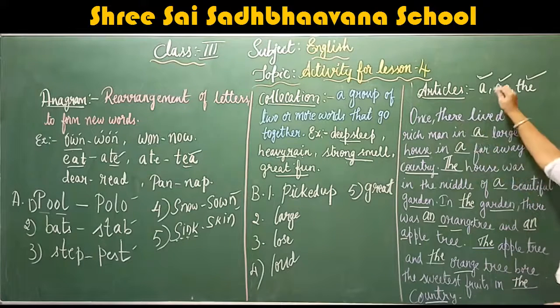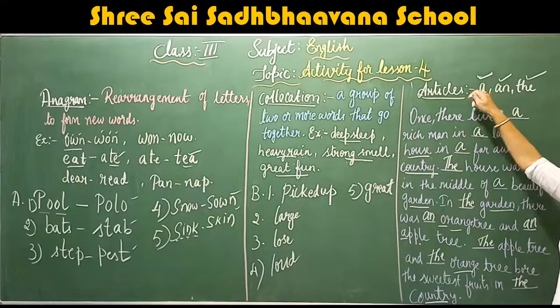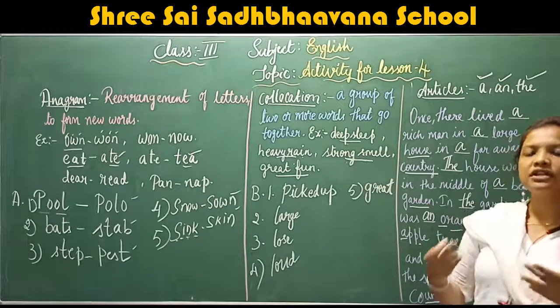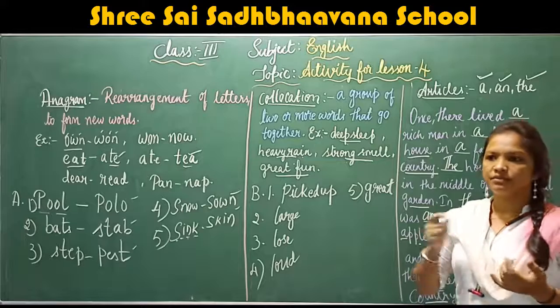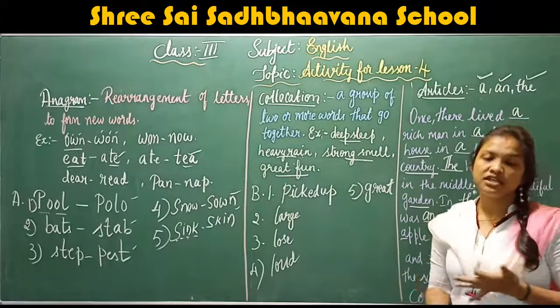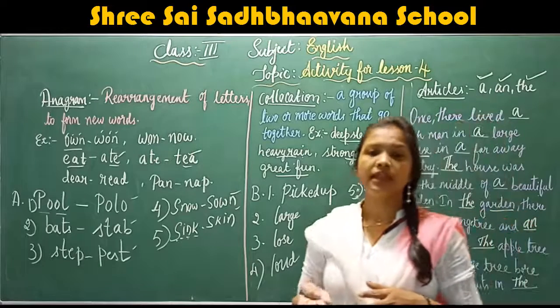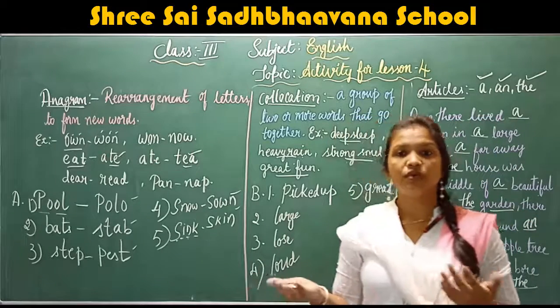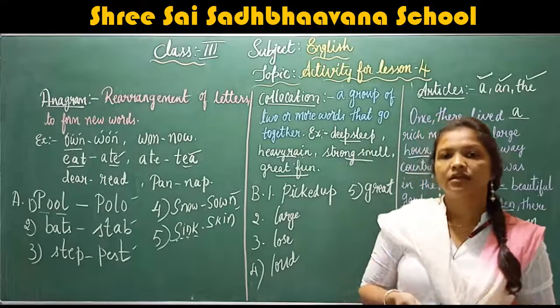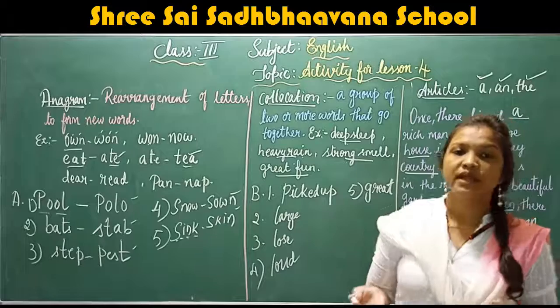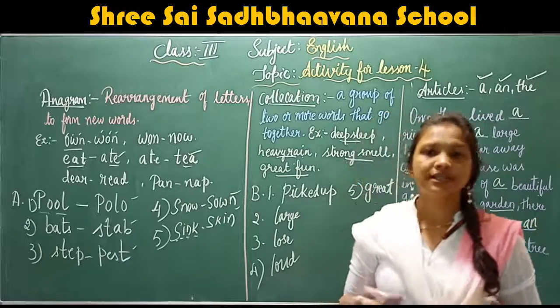Okay, so we use article A when the word is starting with a consonant. So which are the consonant letters? B, C, D, F, G, H, J, K, L, M, N, P, Q, R, S, T, V, W, X, Y, Z. These are the consonant letters.